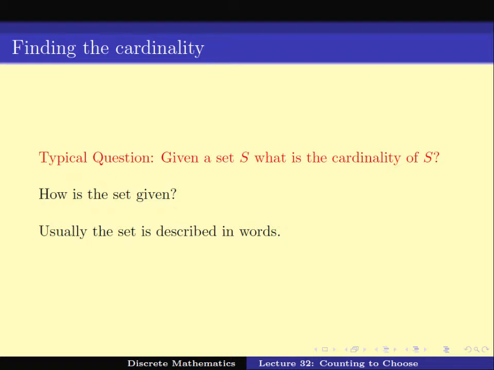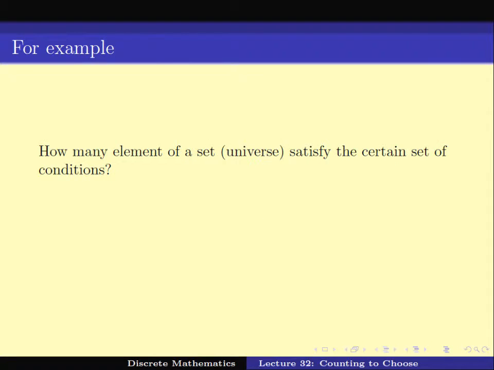So, as I just told you, the sets are usually described in words, like I just now did. A typical example is how many elements of a set satisfy a certain set of conditions. So in the other example, if the universe that we are looking at is the set of integers, I am asking how many integers satisfy the condition that it is less than n and it is prime.